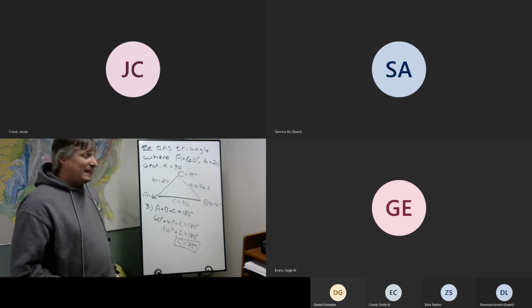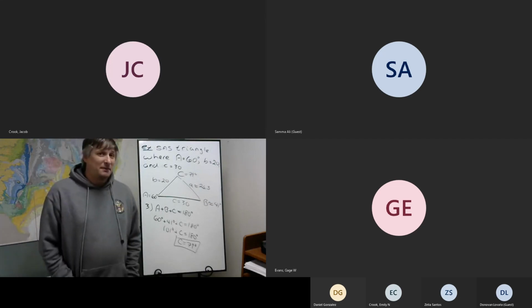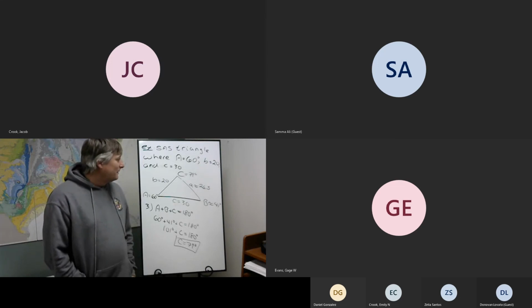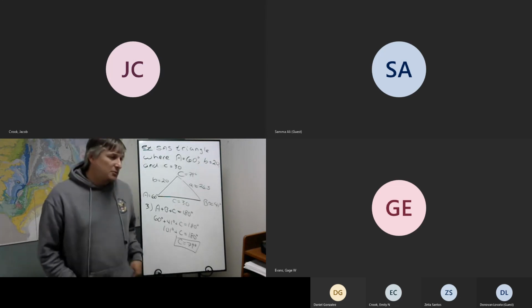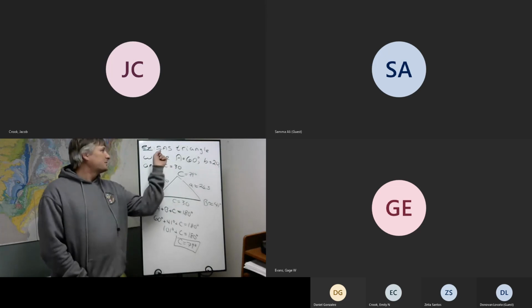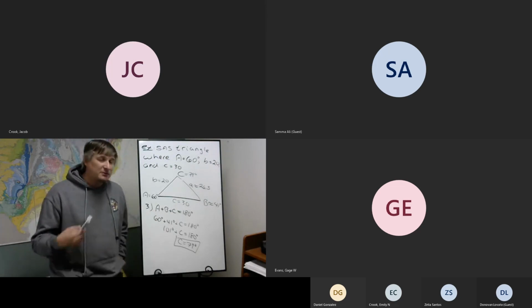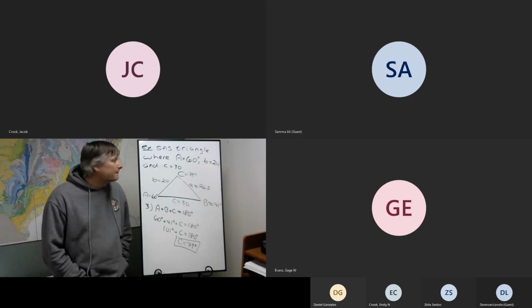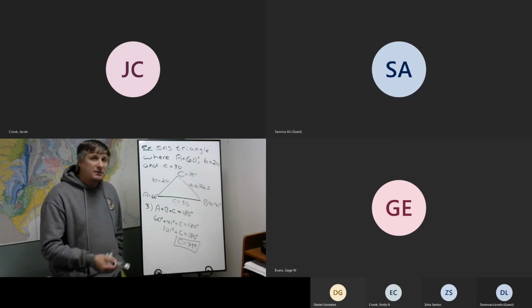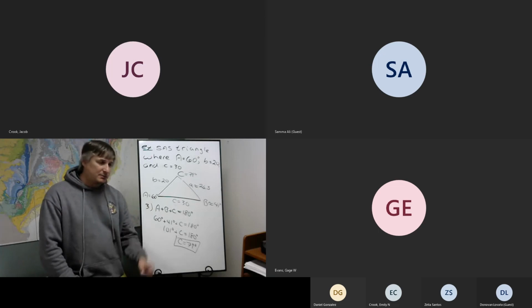So any questions about that? So again, when you use law of cosines, now for a side angle side, we're not done with law of cosines. It also has a different version that we need to consider, the side side side triangle. But for side angle side, we've got those three steps.